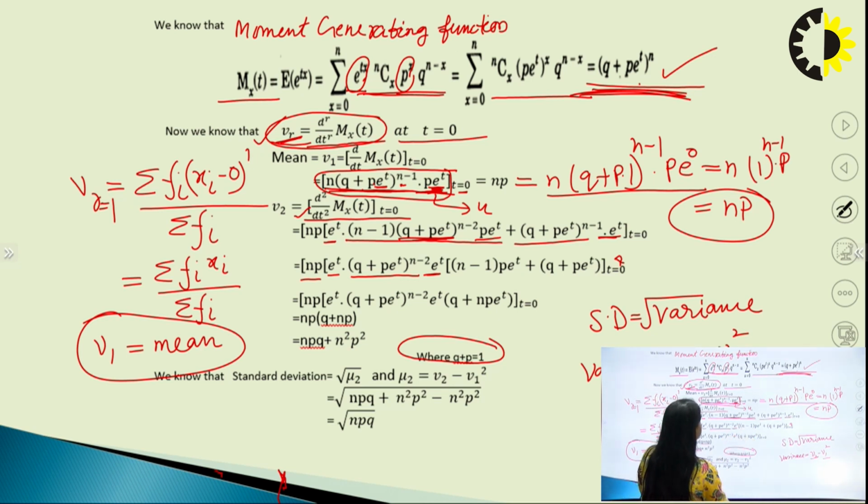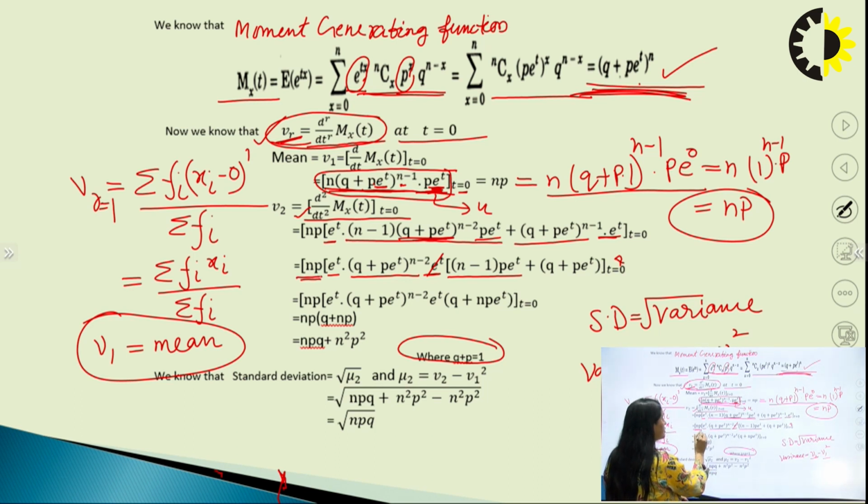The remains inside is, now this e to the power t term will not come here. So this is what remains here: n minus 1 p e to the power t plus q plus p e to the power t. What I did, I am repeating it again.